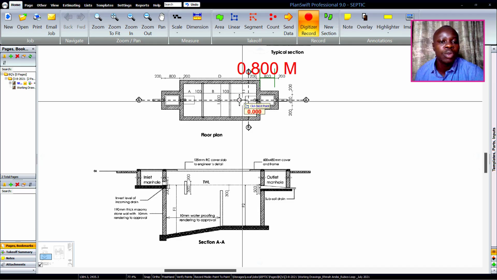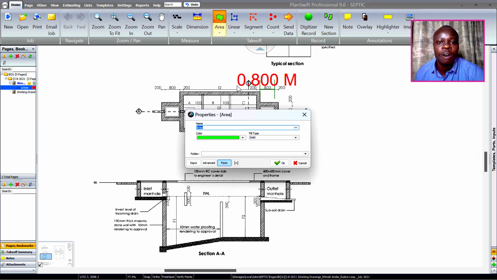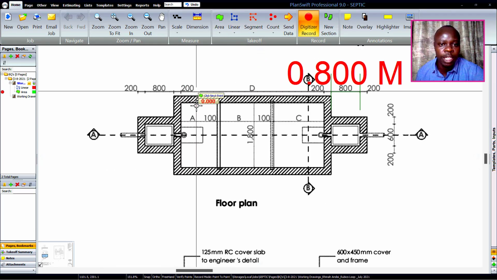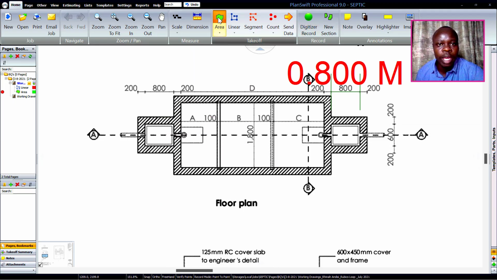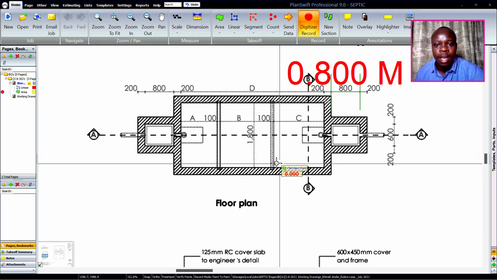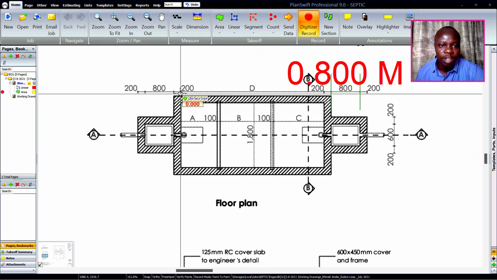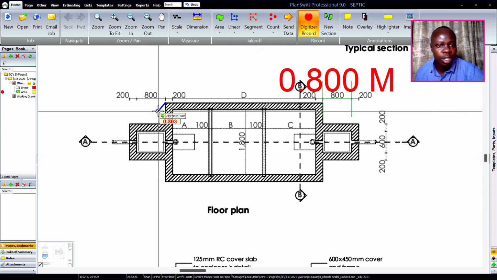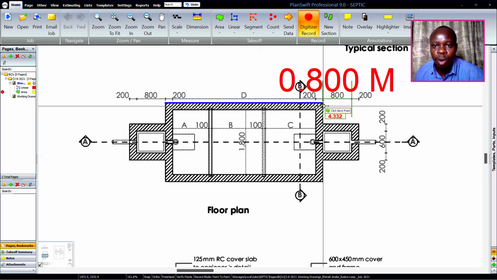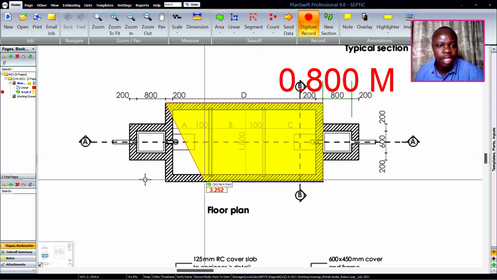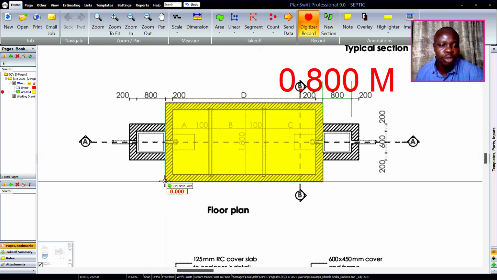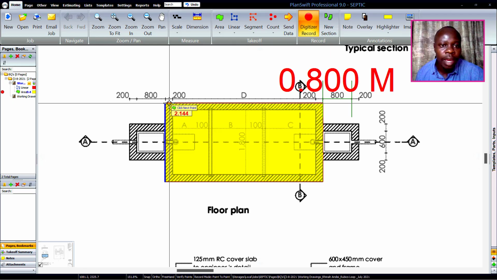Then also you can use Planswift to get areas of different items quite fast. So for instance, go to the area tab, click it, and then say okay. After that, you can stretch from any point of the plan that you need to work on. Like now I need to work from that point. Then you just stretch it along all the corners that you need to draw, to measure the areas.